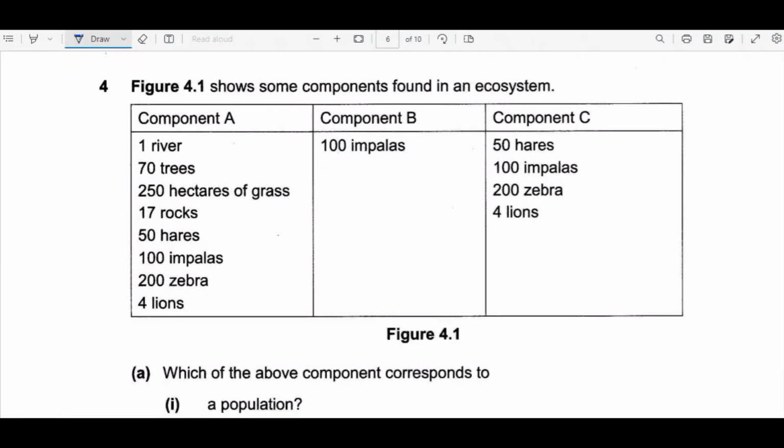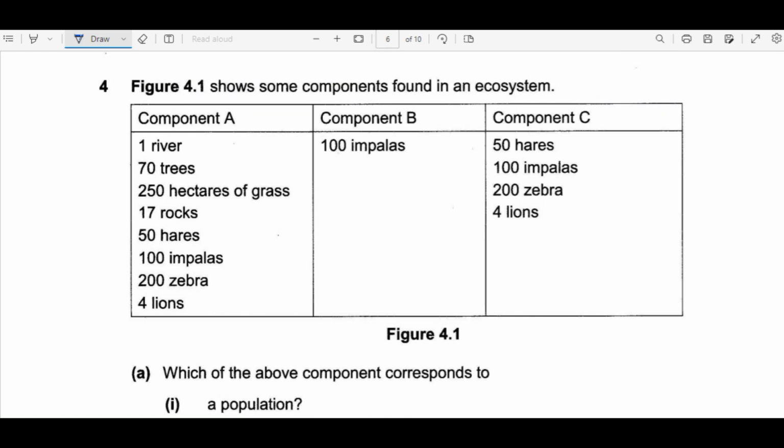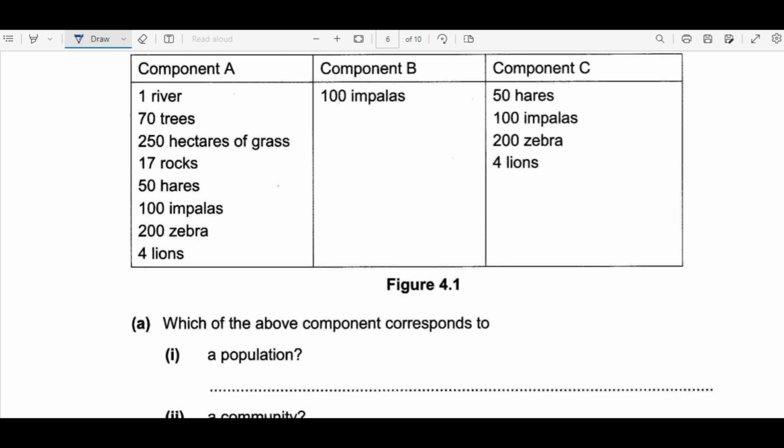So we move on to question 4. Question 4, figure 4.1 shows some components found in an ecosystem. So we have component A, B, and C. Then let's look at the first question. Which of the above components corresponds to a population? A population is just a group of living organisms of the same species, and as long as those species can interbreed.